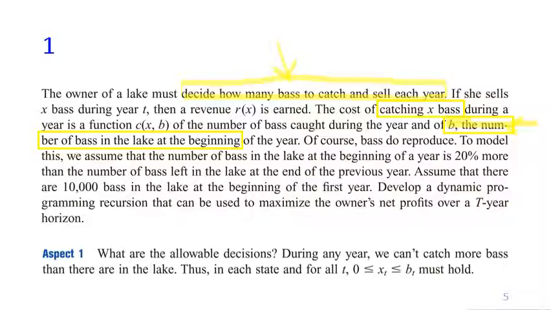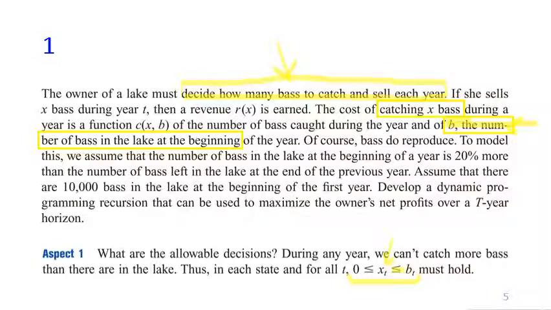So here, aspect 1 may be written like this. XT is the number of fish that you catch in year T. It must not exceed BT, so it is less than or equal to BT. BT is the number of bass in the lake at the beginning of year T.